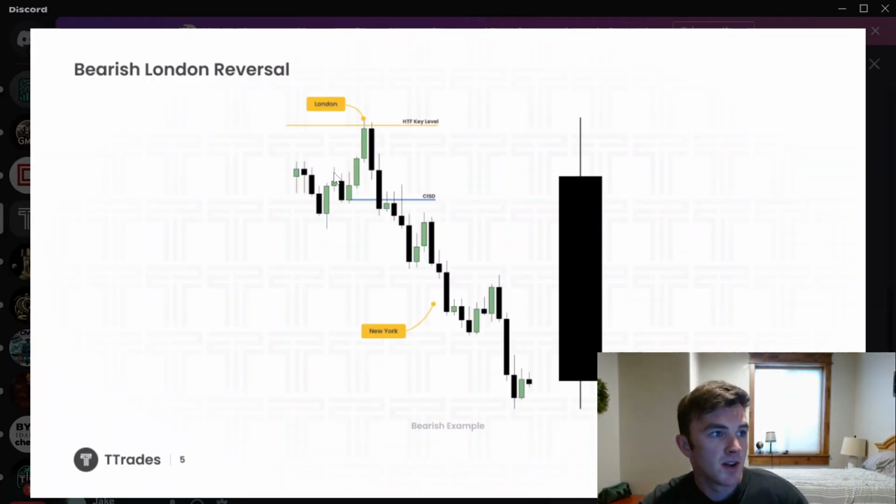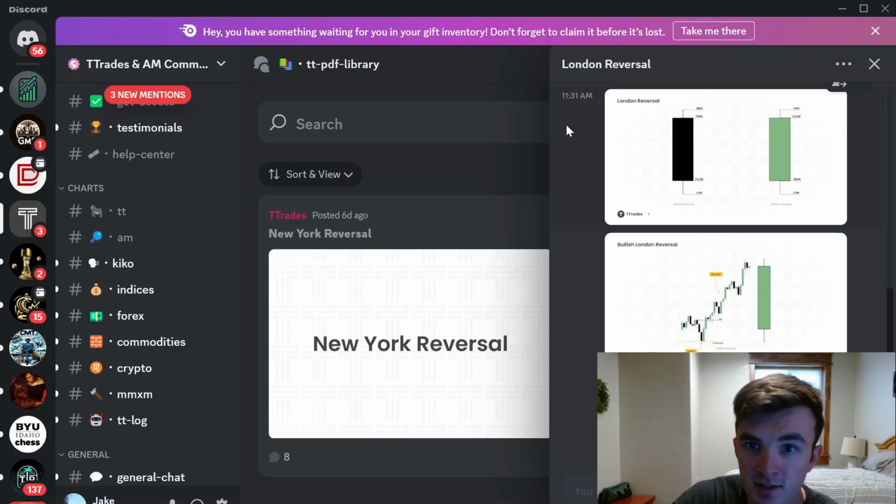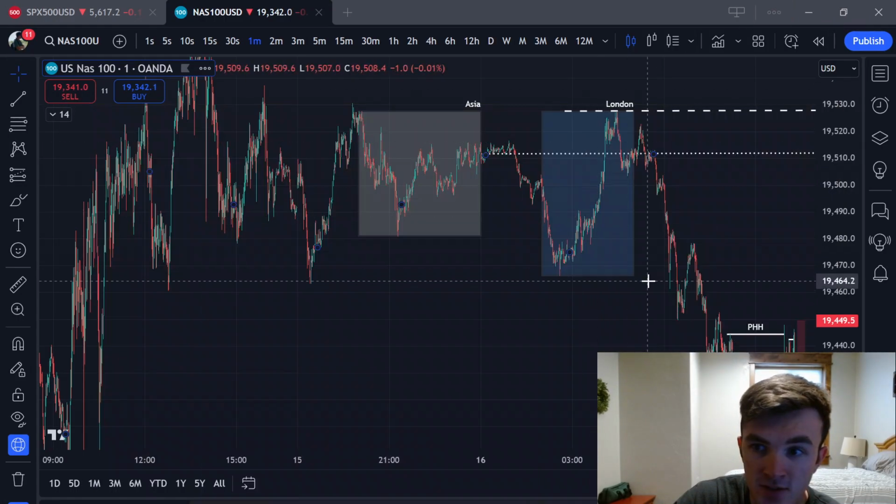So you can see here we had a move sideways, push up in London into a high time frame key level, change the state of delivery, and then New York essentially has some kind of manipulation higher and then continuation down. So this bearish London reversal is also known as New York continuation.